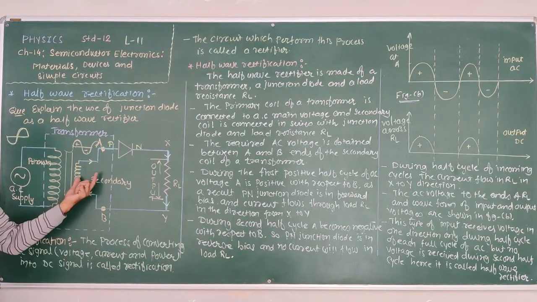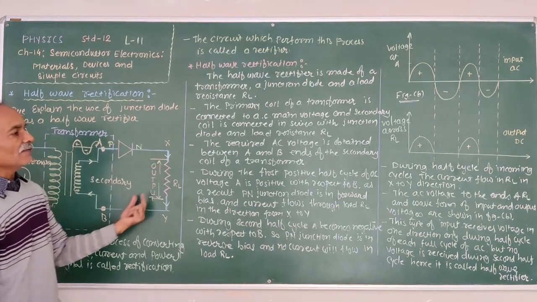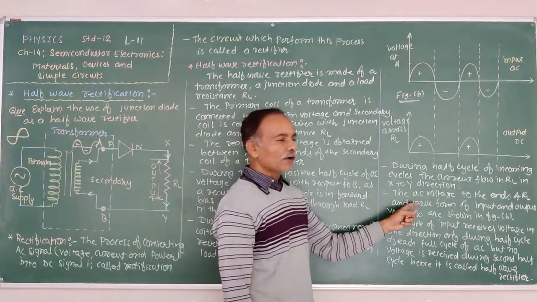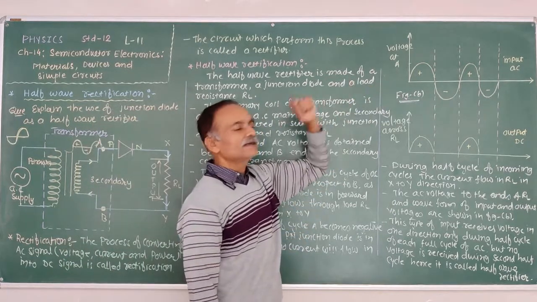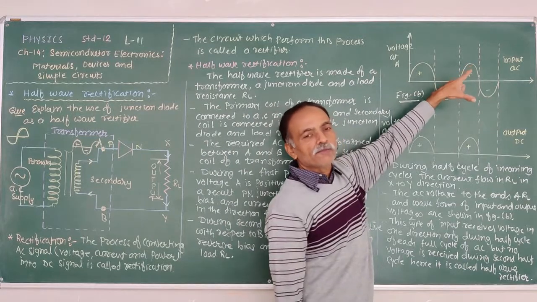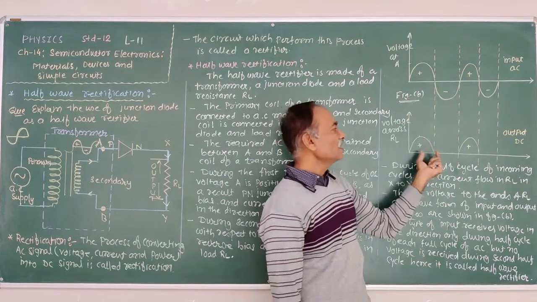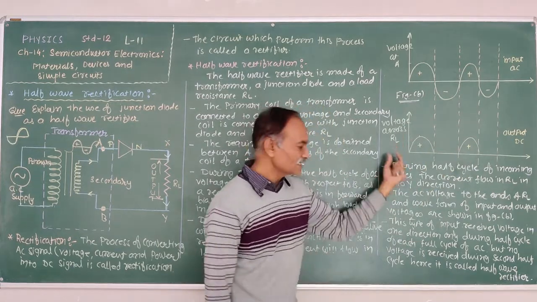Therefore, during the positive half cycle of the incoming cycles, the current flows in RL in the X to Y direction. The AC voltage input and the waveform of the input and output voltage are shown in figure B. So there is the waveform of the input voltage, and there is the waveform of the output voltage across the load resistance RL.